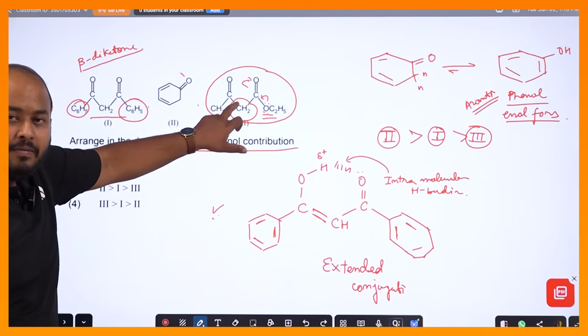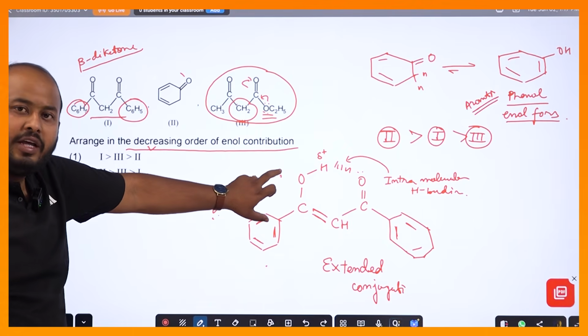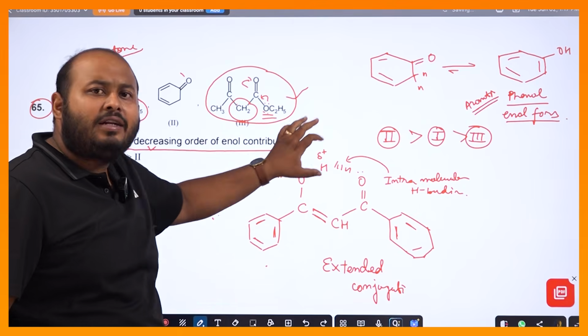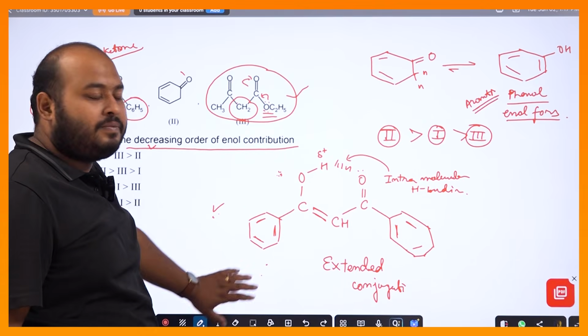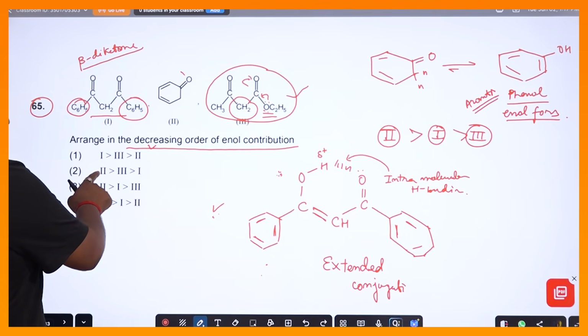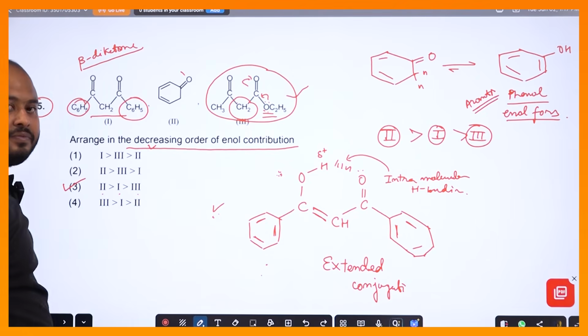This will also form the intramolecular hydrogen bonding case, but still it will be less stable. The enol form will get less stabilized compared to this part. So the correct option will be 2, 2, 1, 3. So option 3.